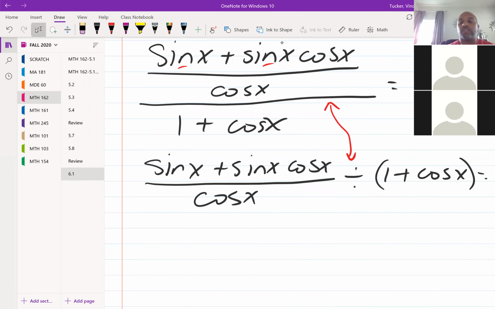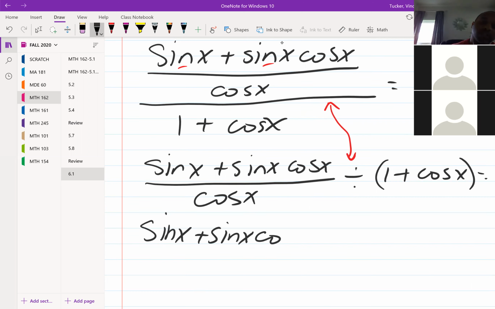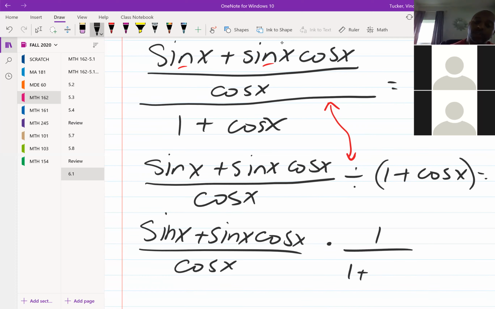All right, so whenever dividing by a fraction, you're multiplying by the reciprocal. So I'm going to flip that, write 1 plus cosine x in the denominator, the one on top.